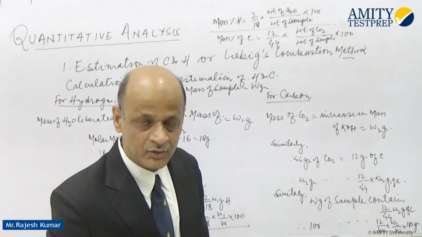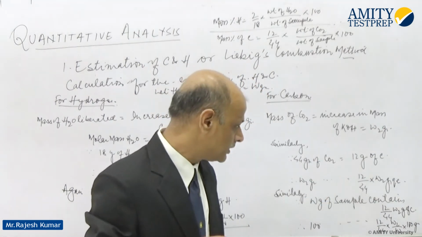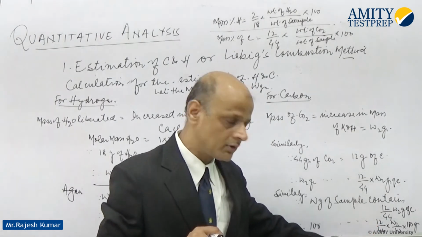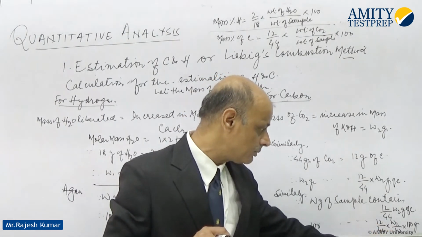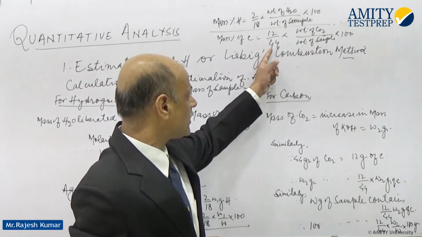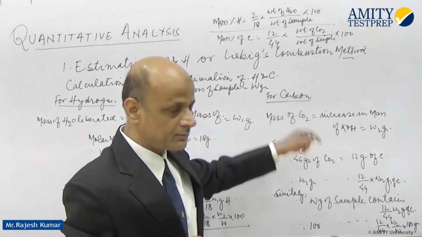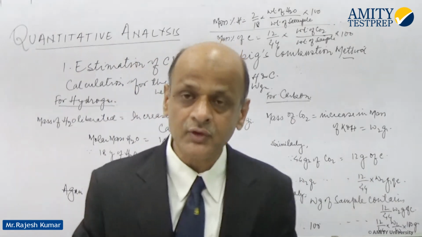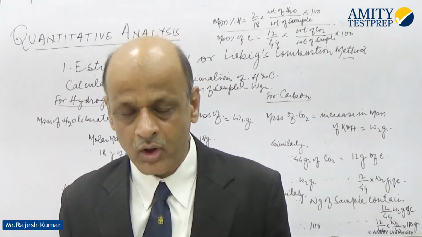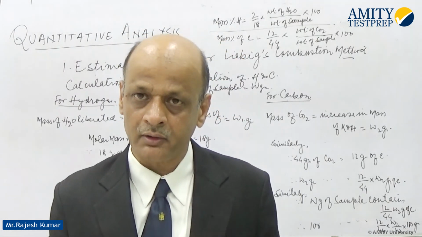To convert into percentage, since W gram is the total mass of the sample, in 100 gram the carbon is 12 upon 44 into weight of CO2 upon weight of the sample into 100. In this way, we can calculate the amount of carbon and hydrogen by following Liebig's combustion method in a given organic molecule.